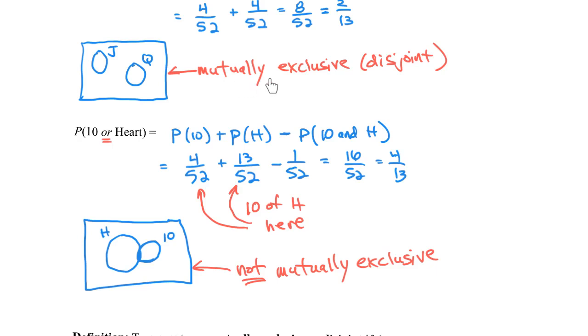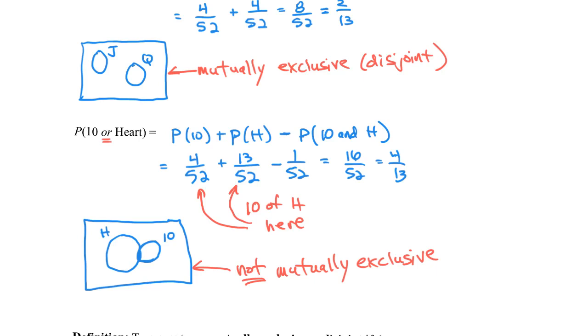If they are mutually exclusive, we just add them. But if they are not mutually exclusive, when we add these together, we're going to be double counting, because the 10 of hearts is in this group and the 10 of hearts is also in this group. So we counted it twice here. So then we subtract this off to make that correction.